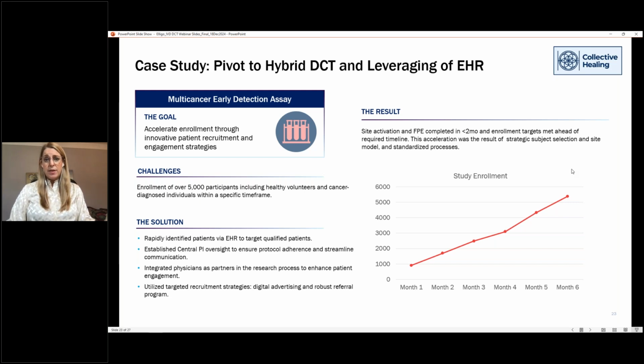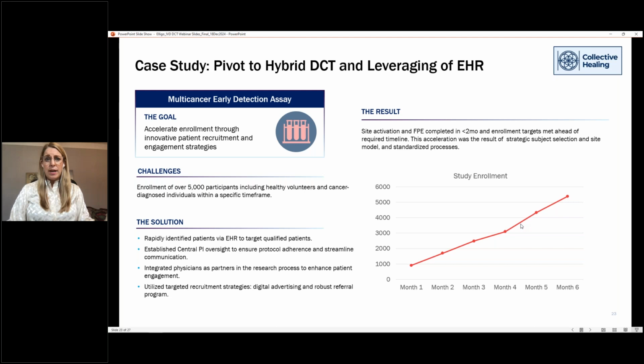One, rapidly identifying the patients via EHR to target qualified patients, and establishing central PI oversight while collaborating with integrated physicians as partners in the research process to enhance patient engagement. Additionally, targeted recruitment strategies were deployed, such as digital advertising and a robust referral program.